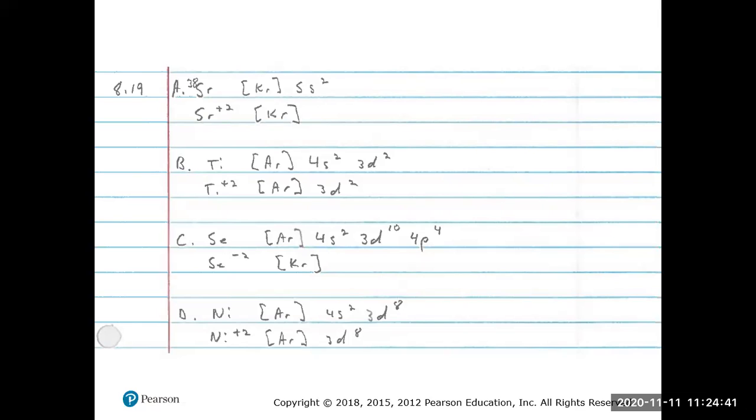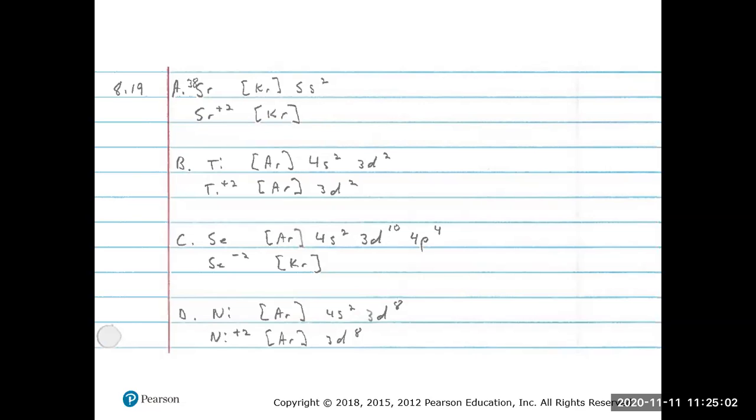So we have 2 s electrons that are the valence electrons. When we then write Sr2+, we remove those 2 valence electrons, and now we're left with just our noble gas core.